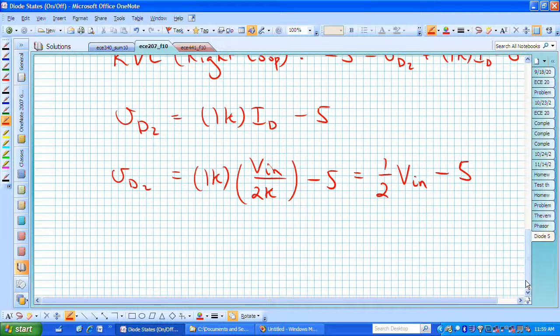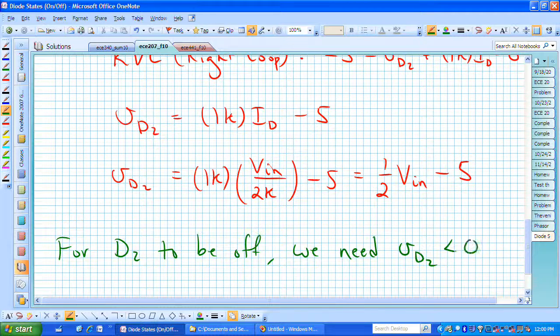In order for diode 2, D2, to be off, to not be conducting, then we need V sub D sub 2 to be negative.